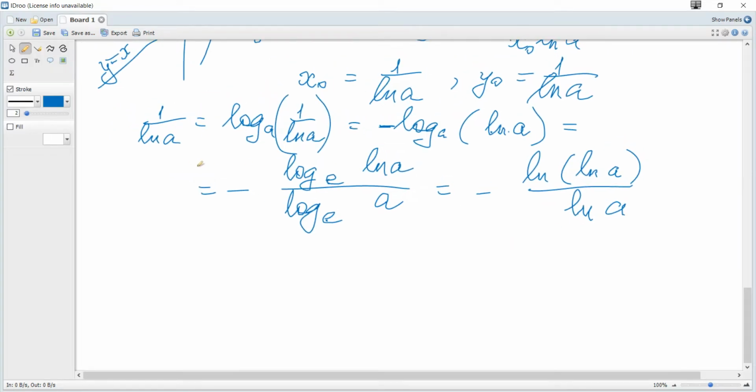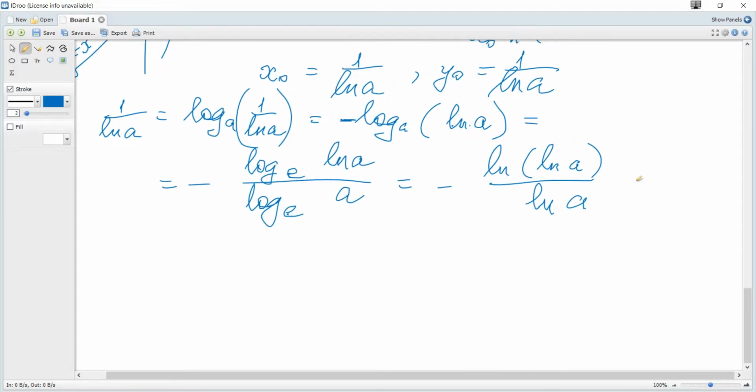But notice that the left hand side is also 1 over ln a. So I can rewrite it again, to be more clear, ln a is 1 over ln a, and we can multiply both sides by ln a, and it becomes ln of ln a is negative 1.